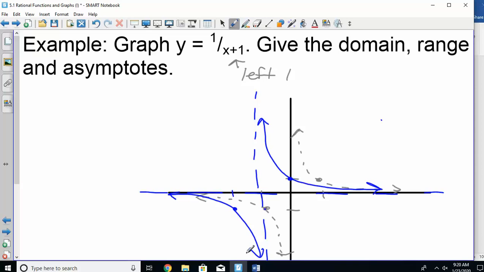And you start at 0 all the time, because the parent function was at 0 there. When I do my graph, it goes through 0 too. So if I move over 1, then now it's negative 1.